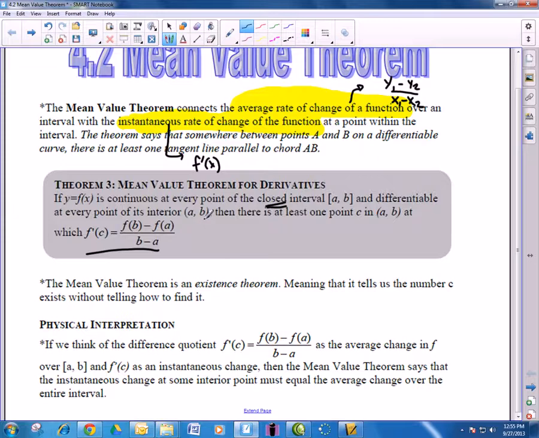It does have to be on a closed interval. Then there's at least 1 point c in (a, b). So this c cannot be equal to a or b. It's somewhere between them.